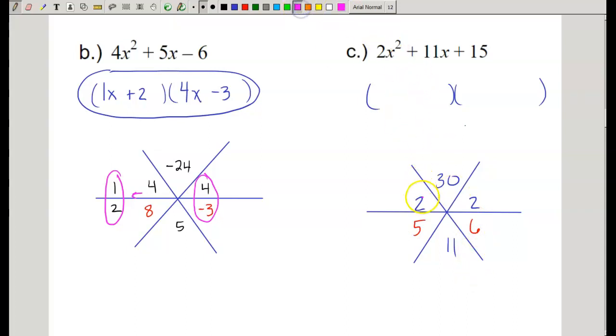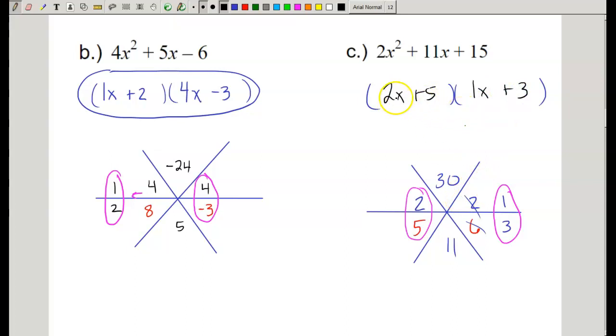Now we want to take my columns. Here's my one column that's already a reduced column. This one over here is not reduced because 2/6 would reduce down to 1/3. And so my reduced column is now this, and then those circled columns are my answers. So 2x plus 5 is right here, and then 1x plus 3 is right here.